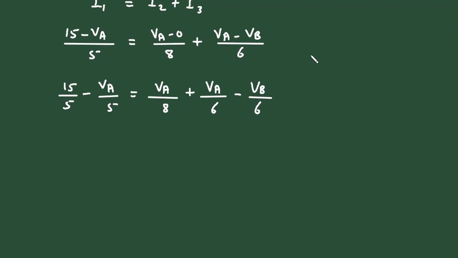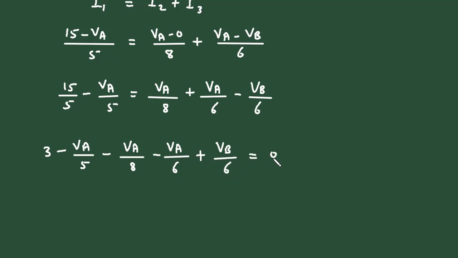Now let's simplify this further. If we take all this on the left side, it will be 3 minus VA by 5, then minus VA by 8, then minus VA by 6, then plus VB by 6, equal to 0.